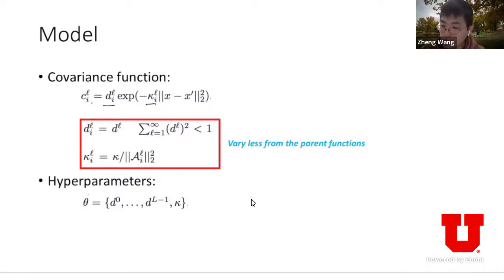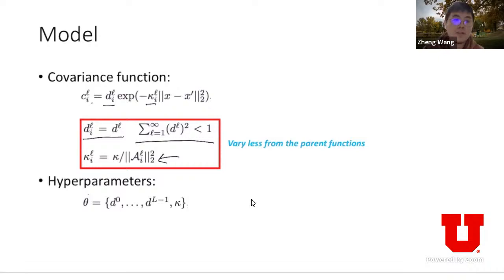They said that in the same level the magnitude of the kernel is the same, and the length scale is defined in this way. They also restrict the sequence of the magnitudes of each level in this way, and it can make sure that it varies less from the parent function.